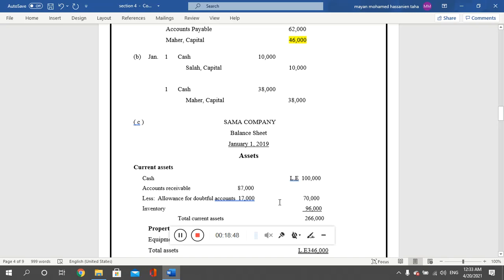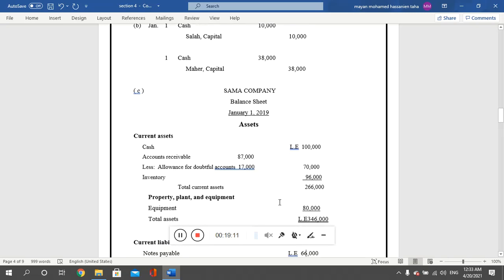will be net accounts receivable of $70,000. Also, we have inventory. The inventory for Salah after valuation was $56,000, and for Maher it was $40,000. So 56 plus 40 is $96,000.